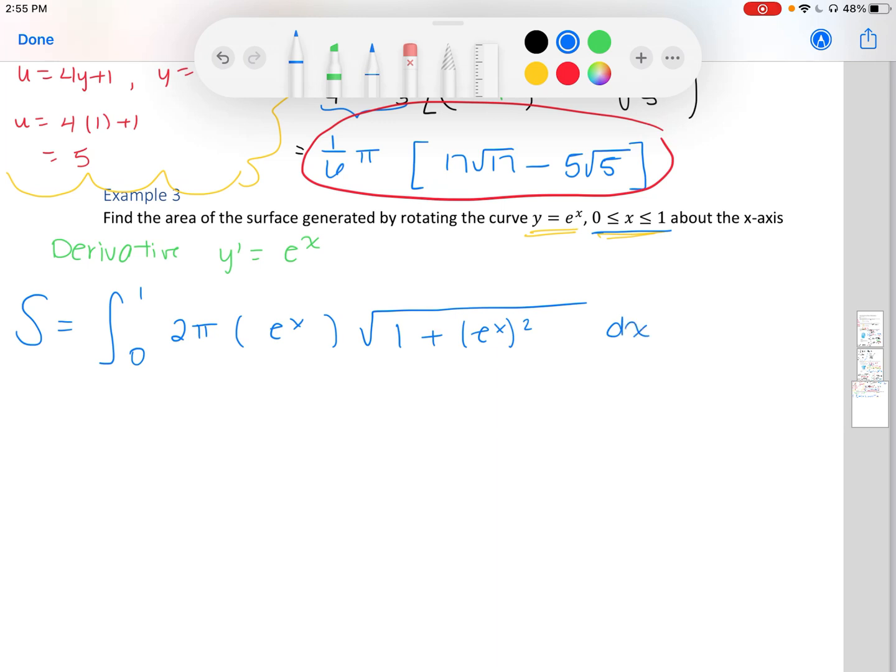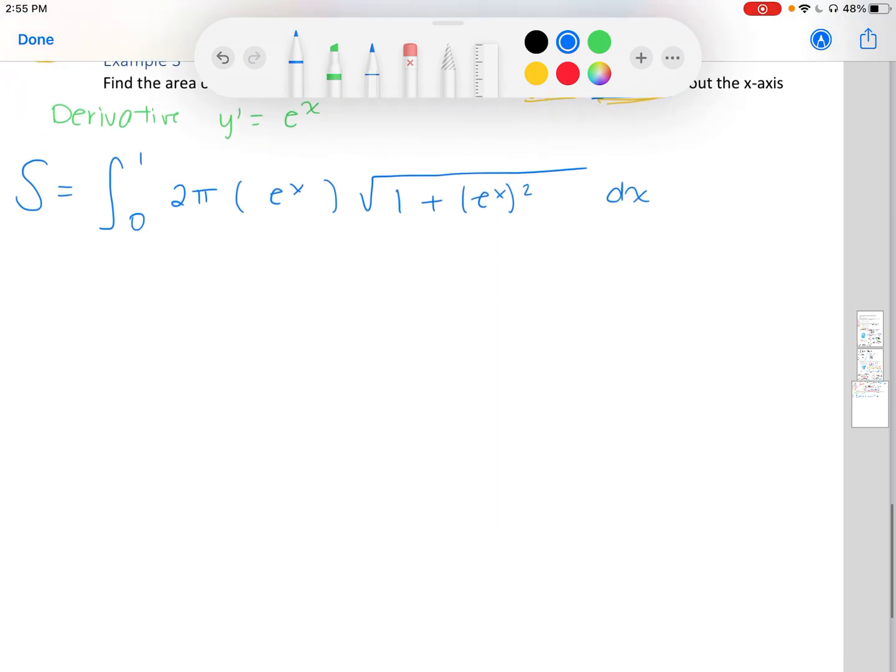dx. If you like, you can always start off by moving those constants out of your integral so that you have fewer things within your integral. So we have 2 pi integral from 0 to 1 of e to the x square root of 1 plus e to the 2x dx, right?